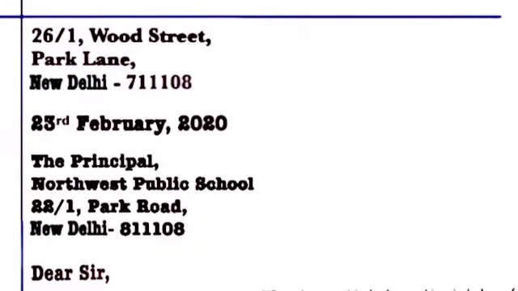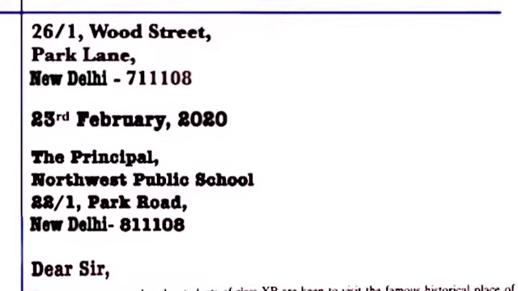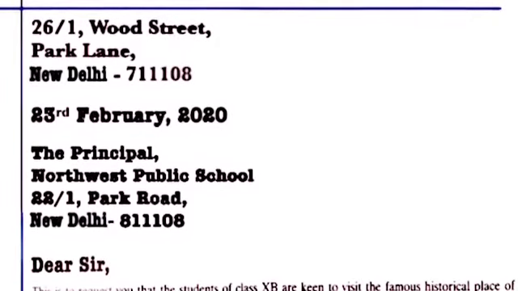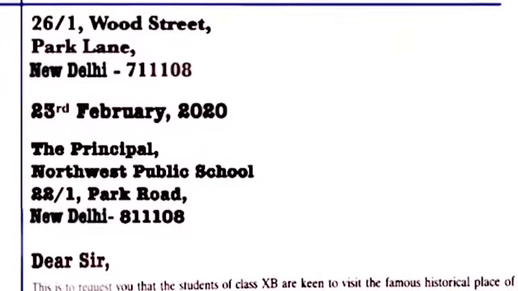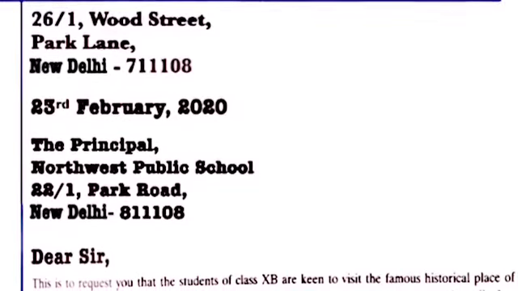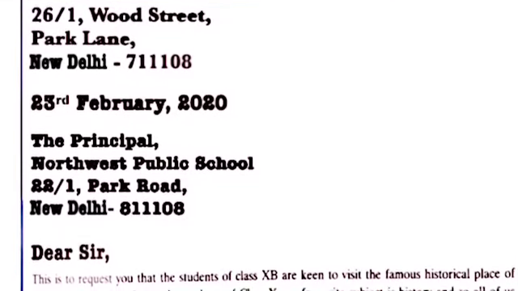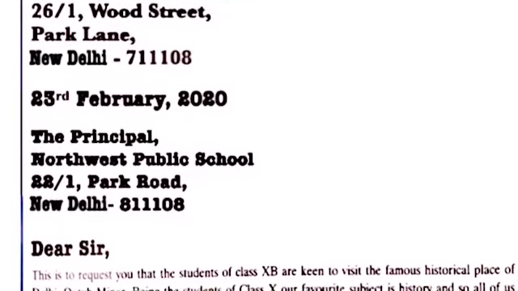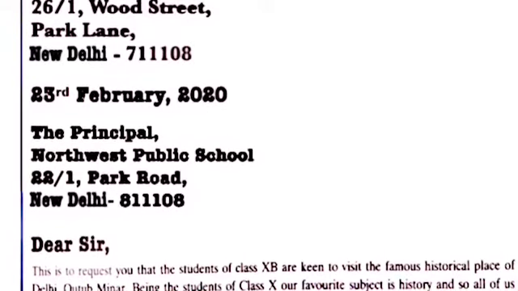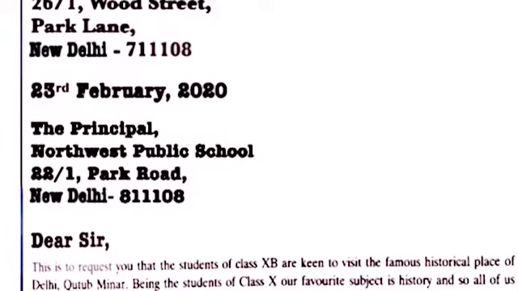Write a letter to your principal seeking permission and say why you would benefit from the visit. So if you divide it properly, your class wants to visit a well-known historical monument. That's number 1, nearby town. Mark it as number 2.